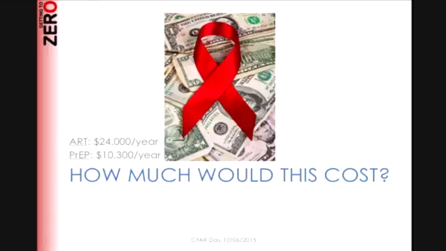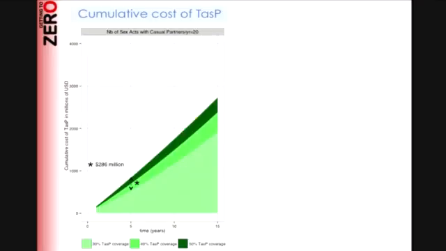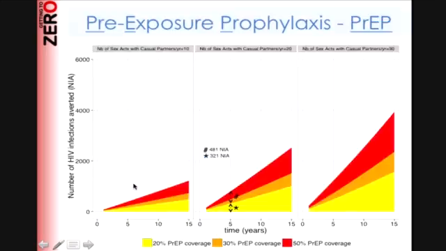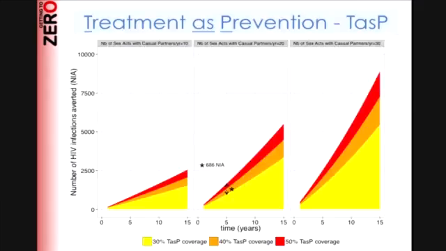And for the money part, I use these baseline parameters, so 24,000 per year for TASP and 10,000 per year for PrEP. So here are the results of cumulative costs for TASP with different levels of coverage. And you see the difference. You remind the previous slide, which I showed you. Yes, the difference was 700 new cases prevented over 5 years.